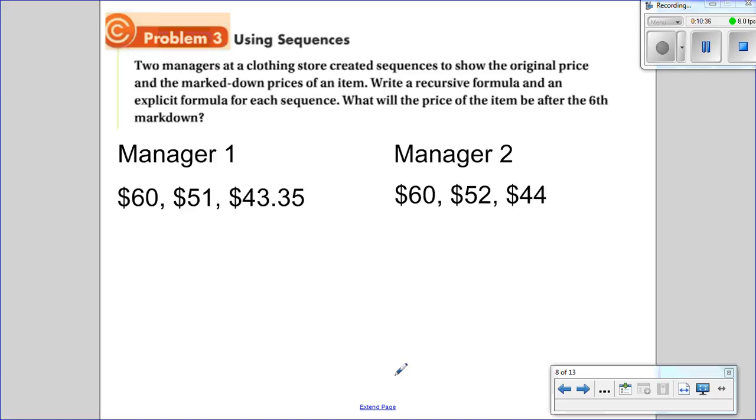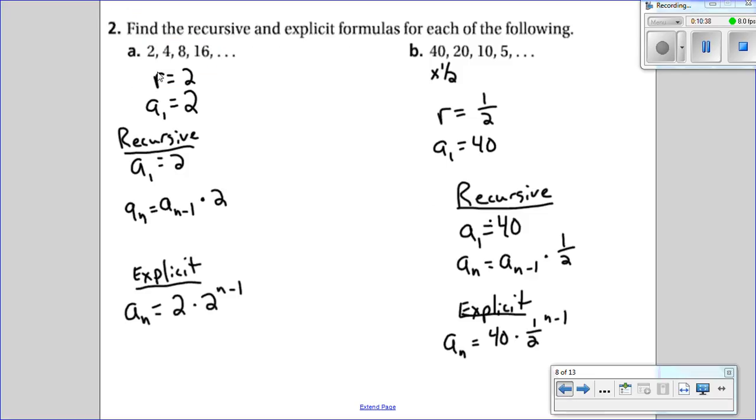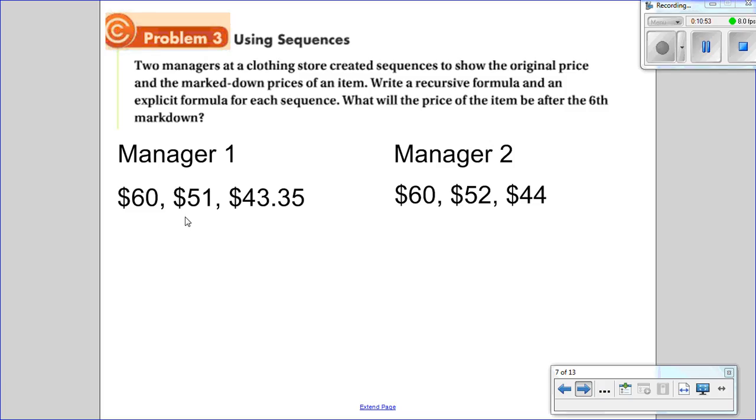Now before it was kind of easy to find, right? What you can do is you take the one before it, so you go 4 divided by 2 equals 2, 8 divided by 4 equals 2. You just divide two terms in a row. You can do the same here. You always take the one further down the list and divide it by the one previous.